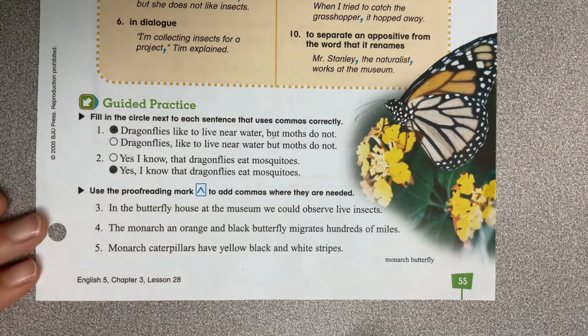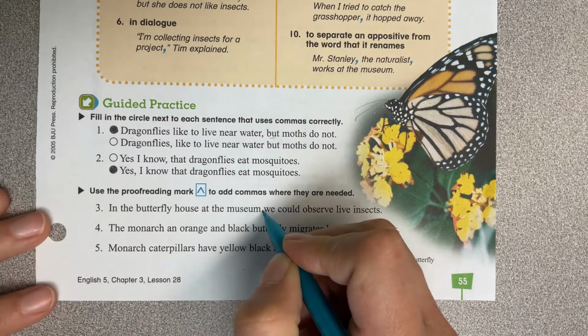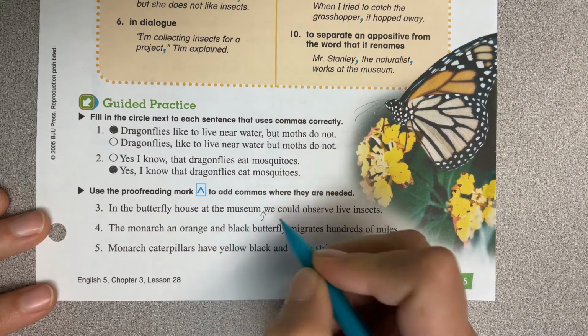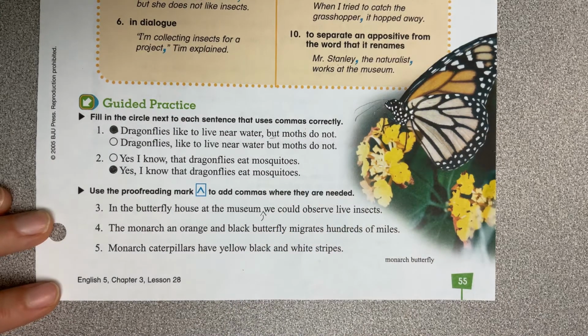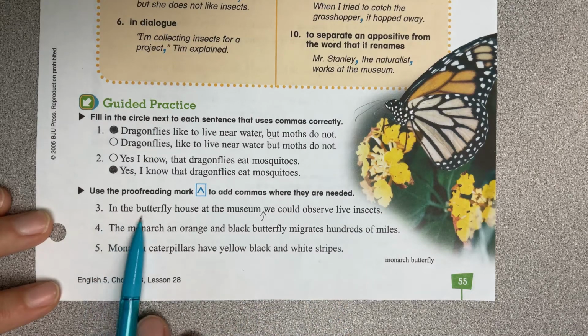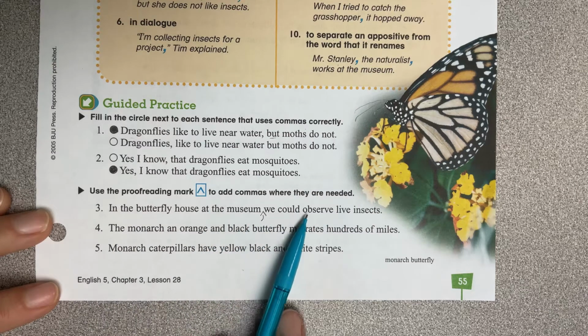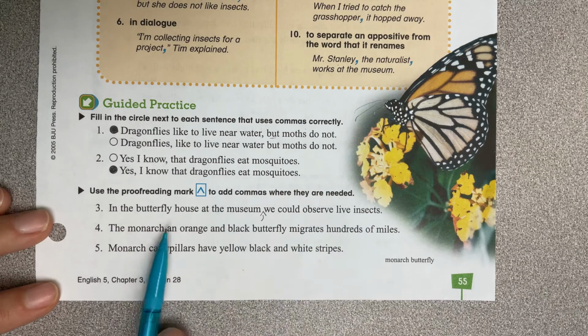So we're going to put our comma right here after the word museum. So we're going to put a little caret there, and we're going to put our comma underneath to add in a comma. So here this would follow rule number 9, where it's got several words, 5 or more words, and then we need a comma to tell what we did at the butterfly house.